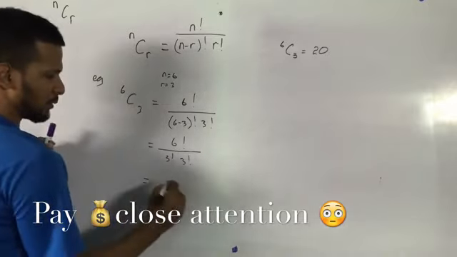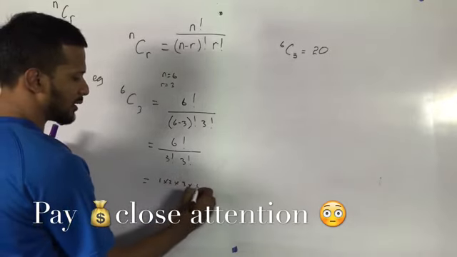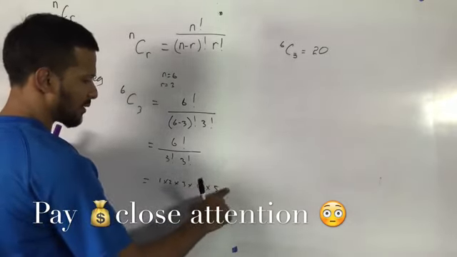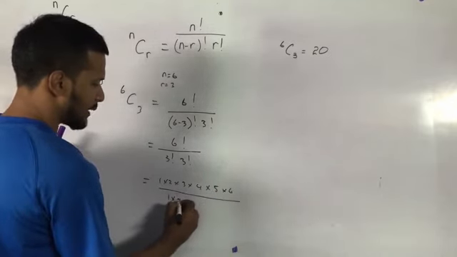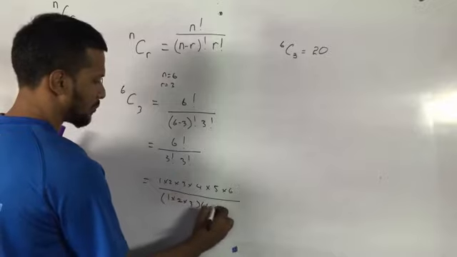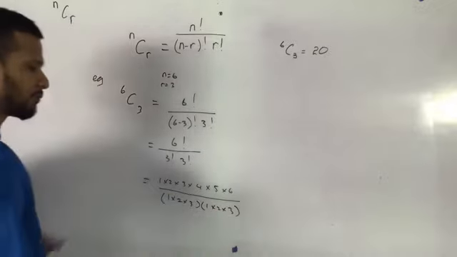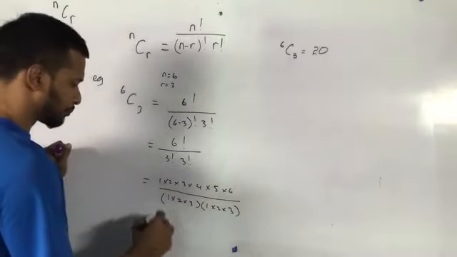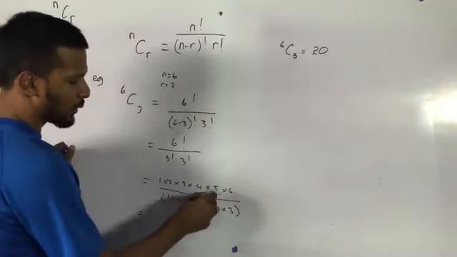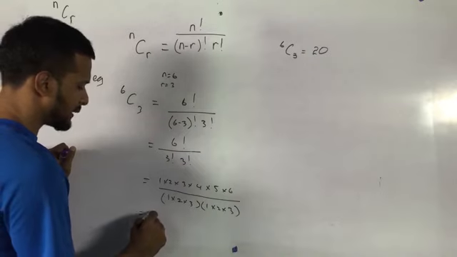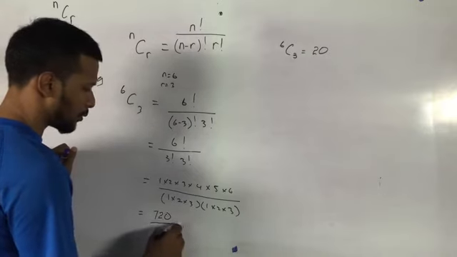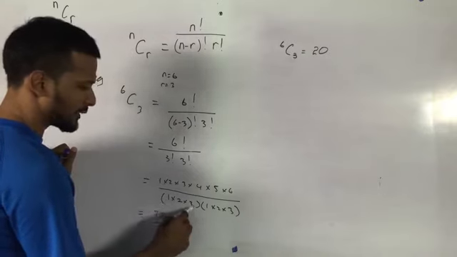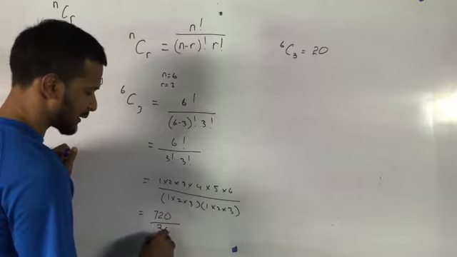So this is really 6 factorial over 3 factorial by 3 factorial. So we could work it out. 1 by 2 by 3 by 4 by 5 by 6, over 1 by 2 by 3 by 1 by 2 by 3. Okay? So on top we end up with 120 by 6, which is 720, all over 1, 2, 3 is 6 by 6 is 36.